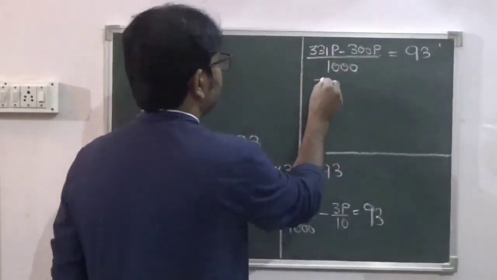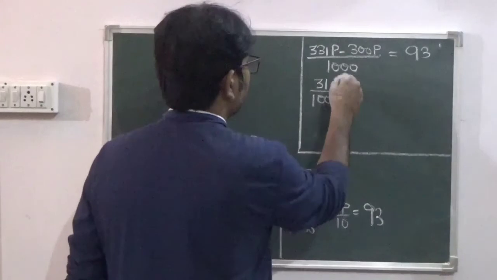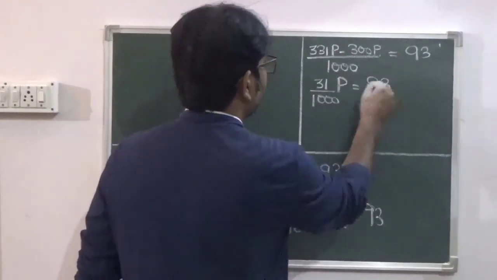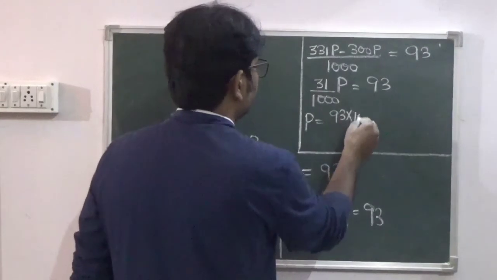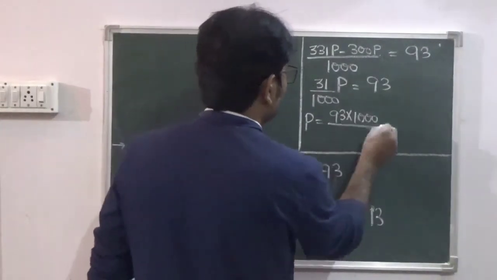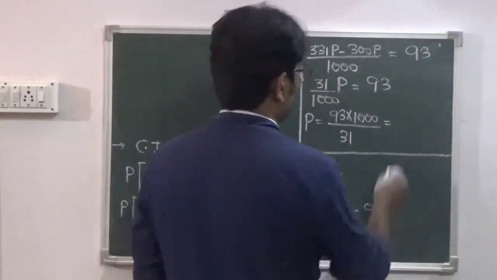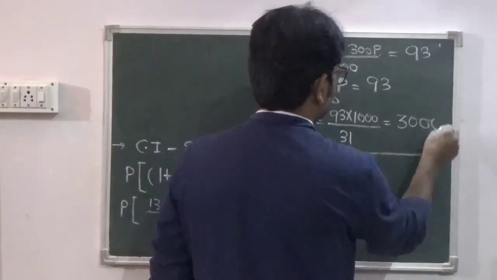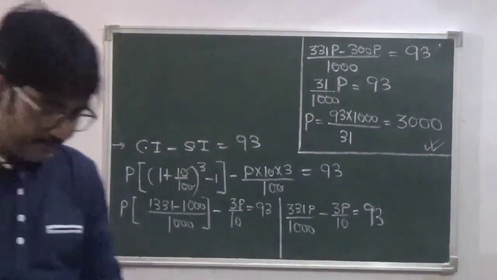It comes to 31 by 1000 into P equals 93. So P is equal to 93 into 1000 by 31, so 3000. So the principal is coming to 3000.